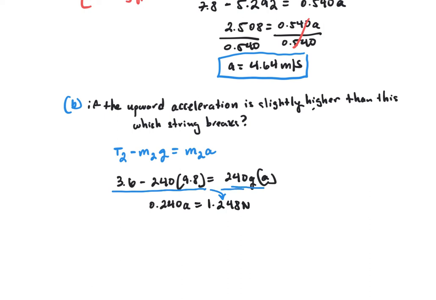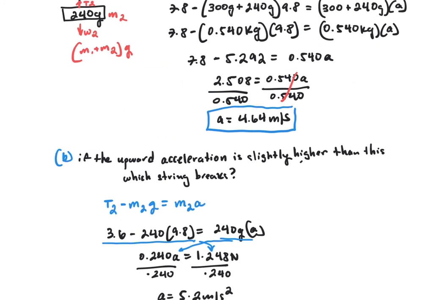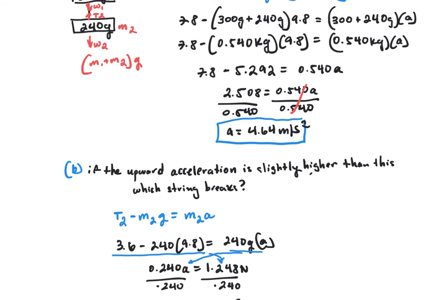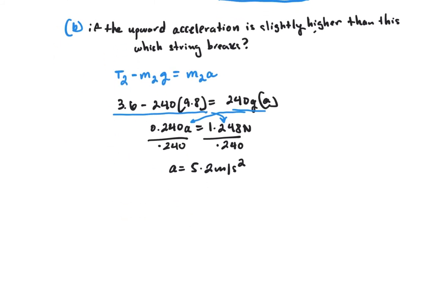Okay, so when you figure out the acceleration, let me just divide 1.248 by 0.240, and your acceleration is 5.2 meters per second squared. Oh, I forgot the square. Okay, so that is for tension 2.